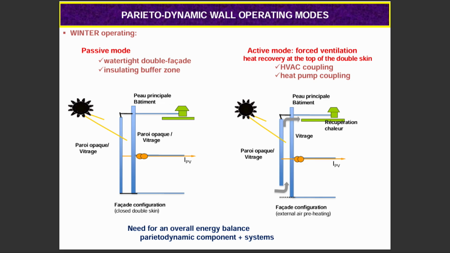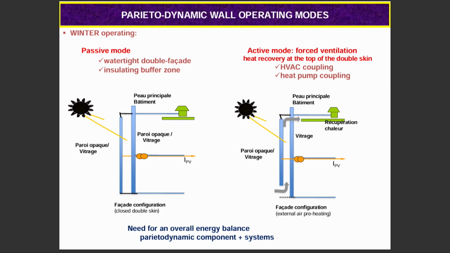The other thing is to have a more active mode, that is to use this air gap as a way to preheat the air. So you can have an opaque PV wall, the building envelope, and you ventilate this air gap to recover part of the heat.